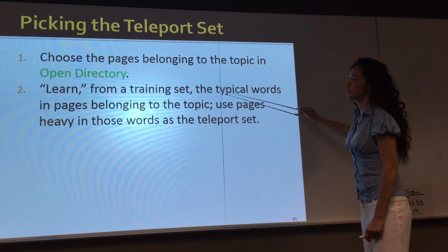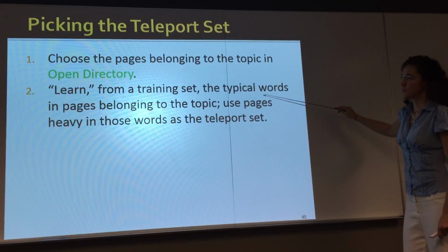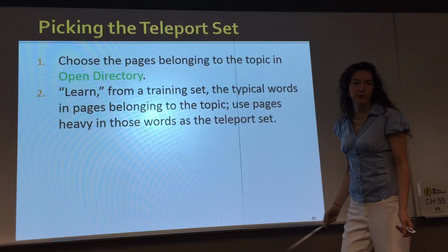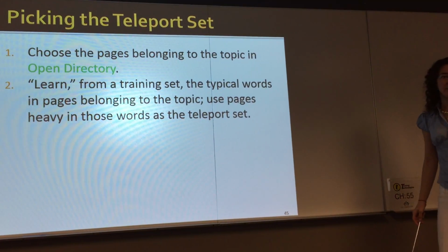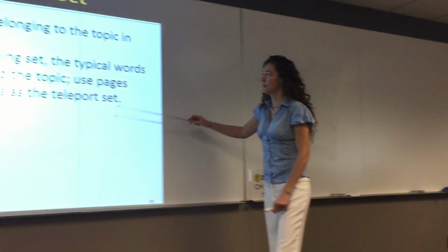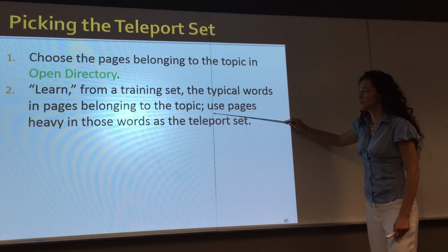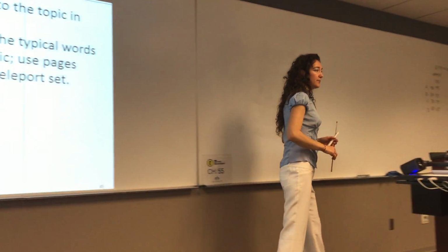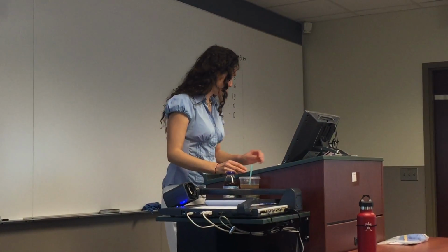We could maintain some kind of directory where these pages belong to, or we could manually create a directory by subject and place the websites in it, or we could try to do this automatically and learn from a training set that contains the words that belong to this kind of subject or category. And next we can search through the pages and see if the pages contain this subject, and then we will place them in that specific teleport set.